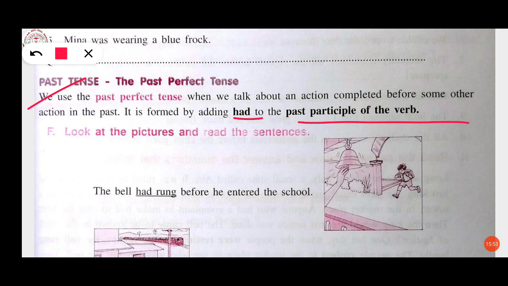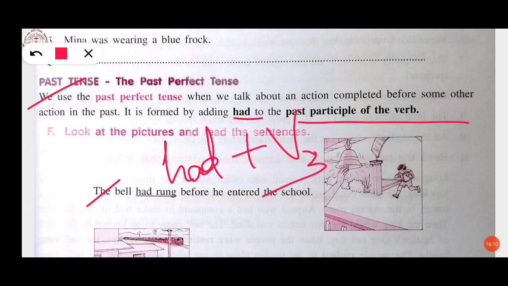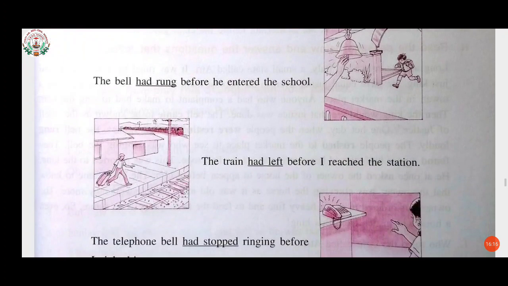So it means if we are talking about the past perfect tense, you have to add had in the sentence and with that the past participle of the verb, that is V3 or third form of verb. So here it is given the question, the bell dash before he entered the school. It is already done for us, that is the bell had rung.